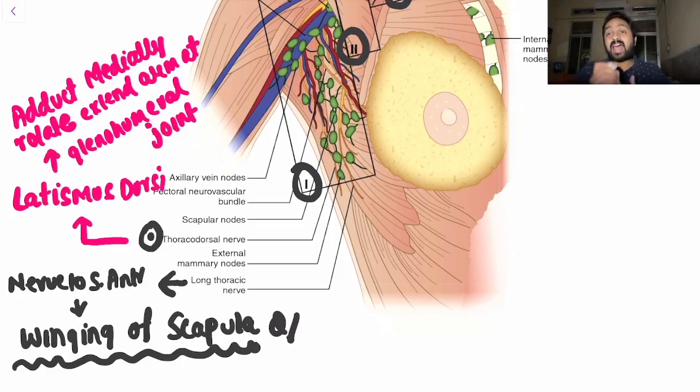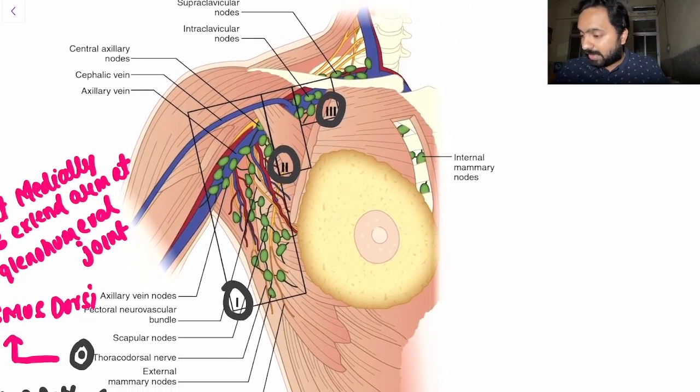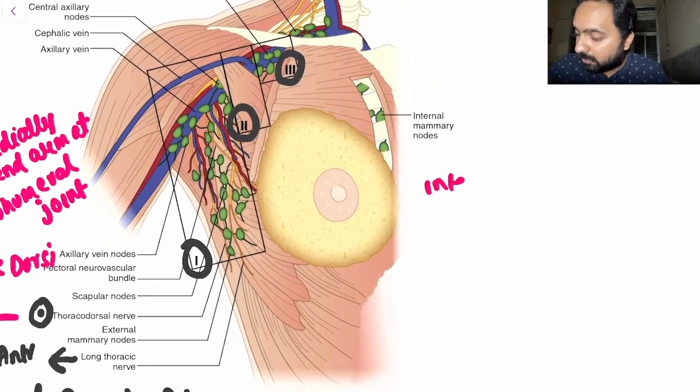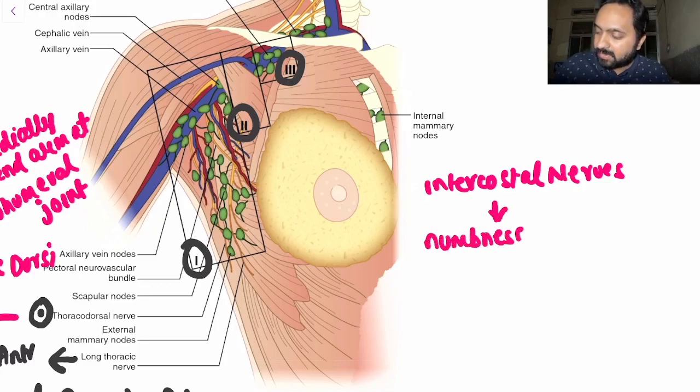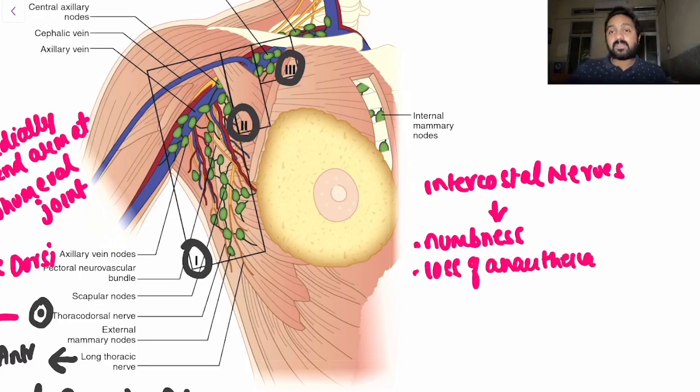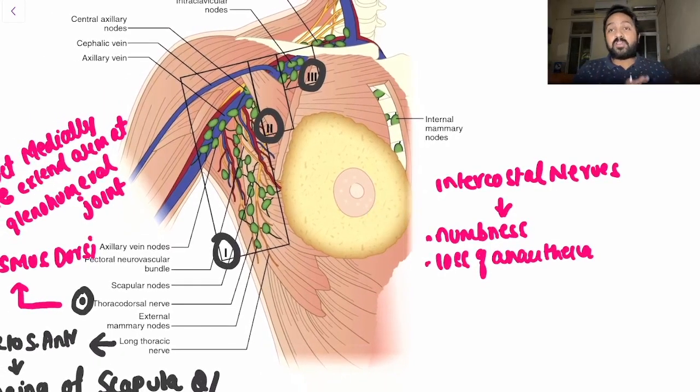So patient may have difficulties in such movement, right? And also apart from this, another nerves that are damaged are your intercostal nerves. So what happens over here? Because of this, there would be numbness or basically loss of sensation at that particular area, right? So these are your few important points with respect to your axillary lymph node.